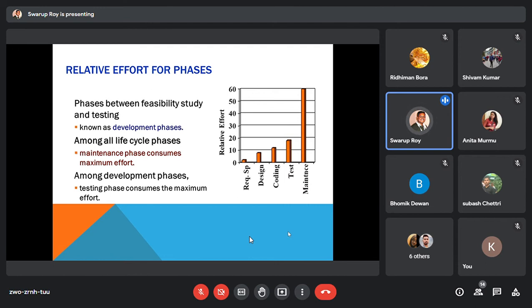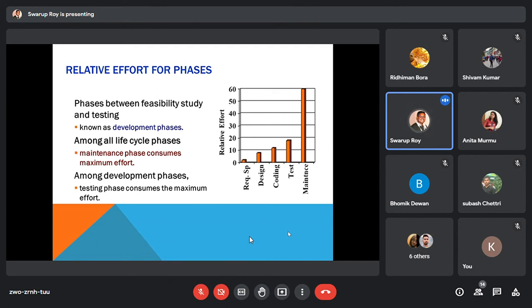Among the different development phases, testing actually consumes maximum effort, because this is very important. Coding you can do anything, but to make it error free, bug free, you have to have very good testing steps or measures. That is what detects the errors in the other phases.